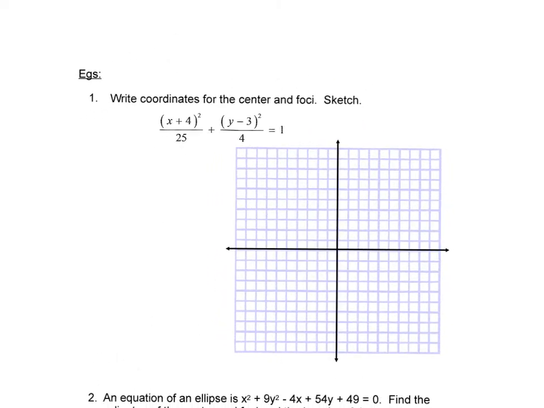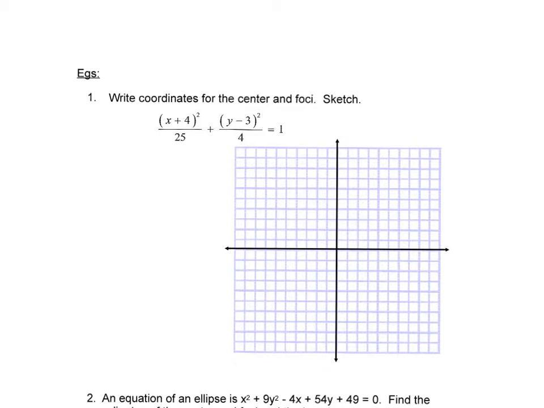All right, so write the coordinates for the center and the foci. So the first thing I want you to notice is whether this is a horizontal or a vertical ellipse. Easiest way to tell, a squared is here, b squared is here. How do I know? A is always bigger because it's your major axis. So if the 25 was underneath the y, you know that's bigger, that means that's your a.